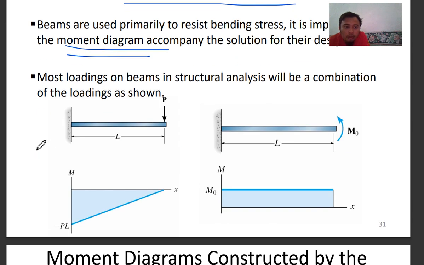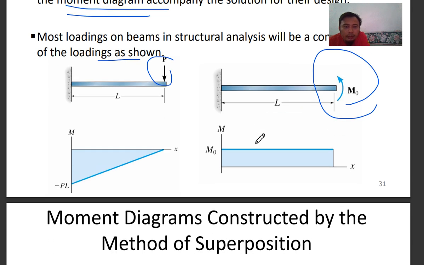Most loadings on beams in structural analysis will be a combination of loading as shown. So it's a combination, either a point load or a moment. Let's say we have a cantilever beam. You have a point load at the end, and then you have a moment at the end. If you draw your bending moment diagram, there will be a triangular bending moment diagram due to this point load.